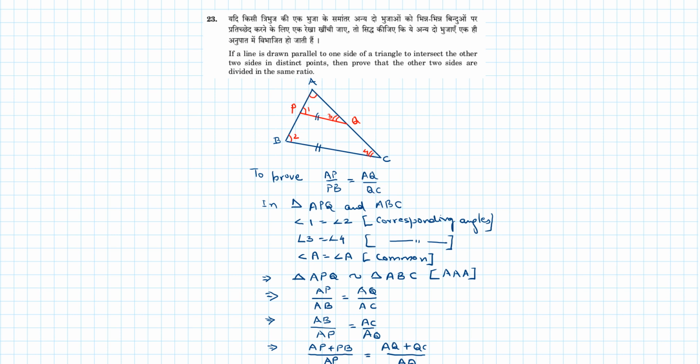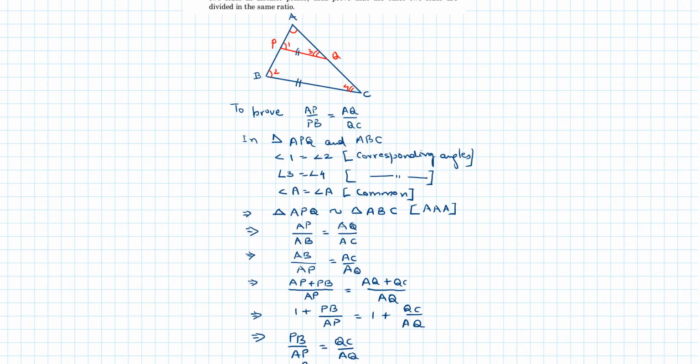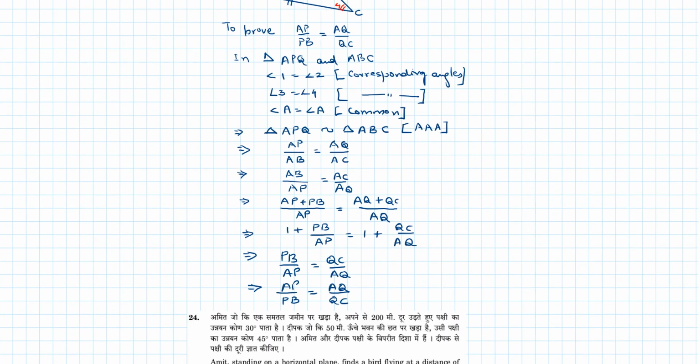So these two triangles APQ and ABC are similar triangles by the AAA theorem. Then from the rules of similar triangles, AP upon AB is equal to AQ upon AC. Just solving here, what we get is PB upon AP is equal to QC upon AQ, that is, we then took the reciprocal, that is AP upon PB is equal to AQ upon QC.